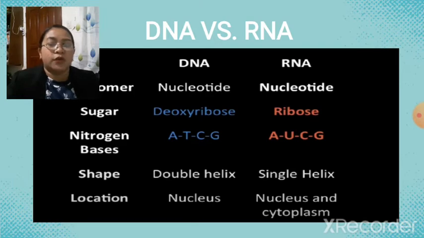It is replaced by the letter U, which is called uracil. The shape of DNA is a double helix, while RNA only has a single helix, and DNA is located in the nucleus, while RNA is located in both the nucleus and cytoplasm.